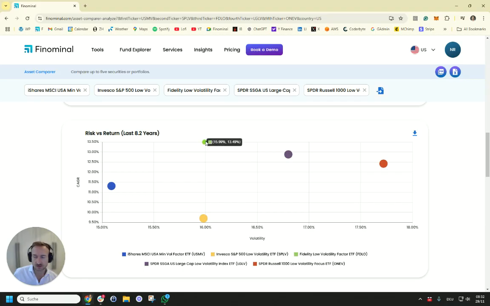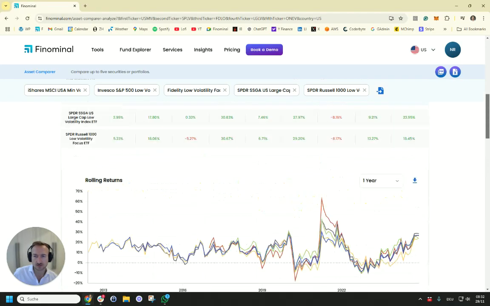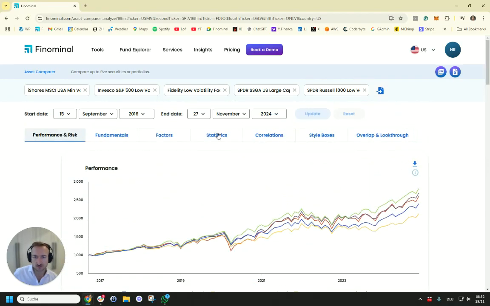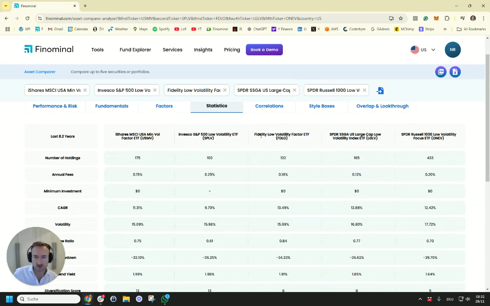It had the highest CAGR, while featuring a relatively low volatility, which effectively means that from a risk return perspective, that's on the higher side. And if we look at the Sharpe ratio, we can confirm that the product from Fidelity featured the highest Sharpe ratio over the last 8 years.